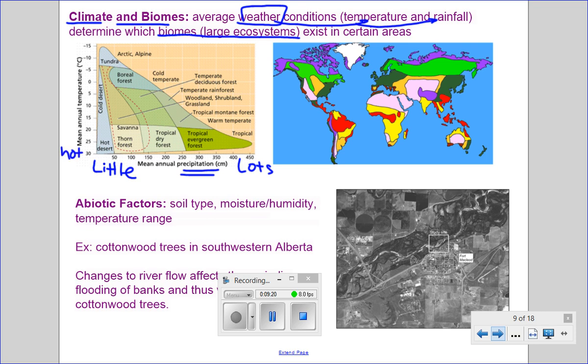This is hot, this is cold. And what we're trying to illustrate is that these two conditions determine which type of ecosystem is going to exist there. So weather conditions are the big contributing factor to what type of ecosystem there is. An ecosystem will determine what type of organism can live there.